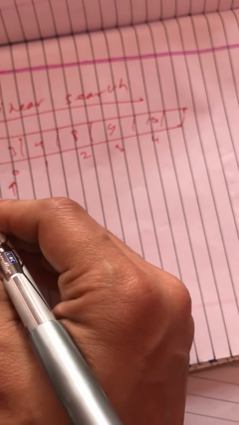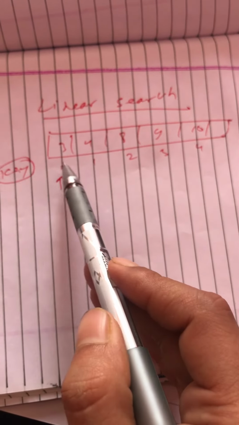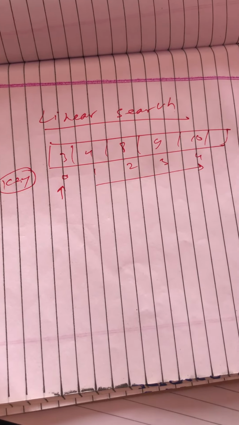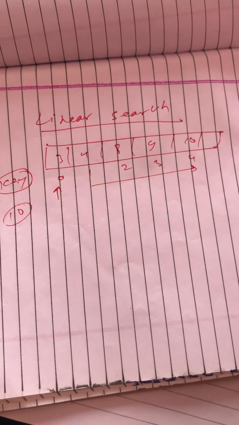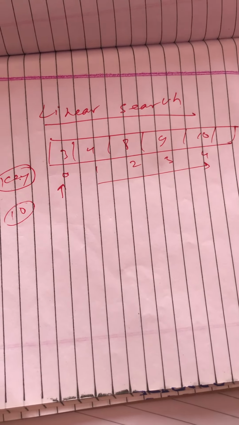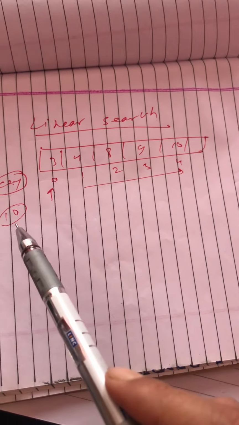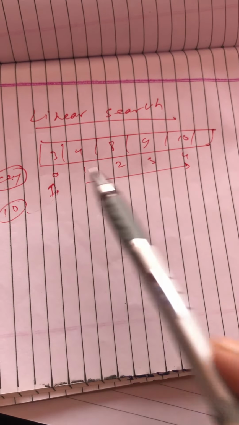The key which we have to search will be compared from the starting index 0 and further indexes. So let us consider index 10, value 10, key 10, that we have to search. Then searching will be done from index 0.